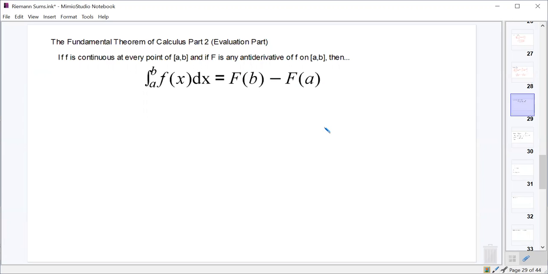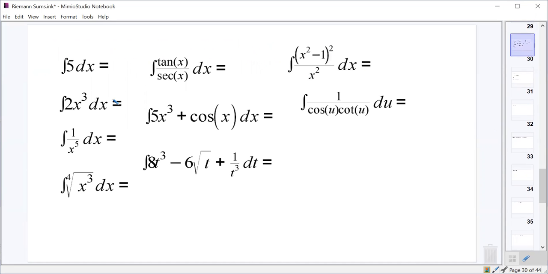So I'm pretty sure you guys all know and remember how to evaluate an integral. All right, so let's see if we can remember how to integrate stuff.